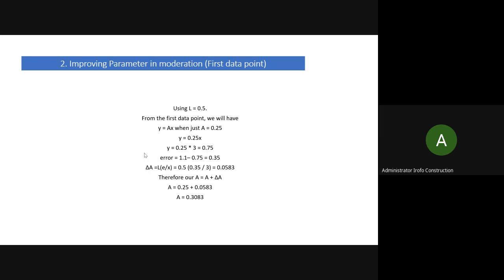If you do this calculation, our A here is 0.0583. And we add this value to our old A. Our old A was 0.5. Why are we still using 0.5? Because that was what we were starting with, the initial value for our A. So don't think twice that previously we had a different number. No, we are starting a new one here, and our initial guess for A is 0.25.